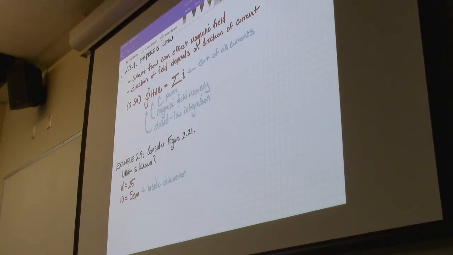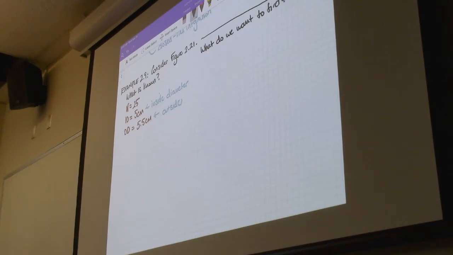Outside diameter is 5.5 centimeters. And what do we want to calculate? Calculate the field intensity along the mean path length.